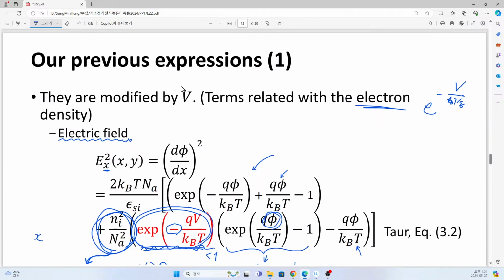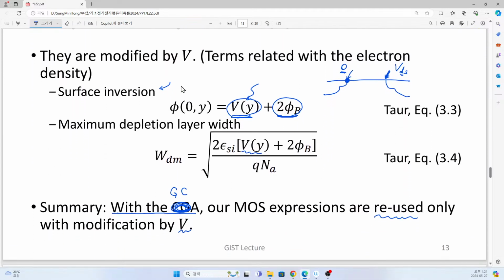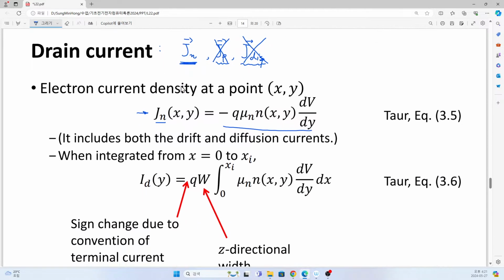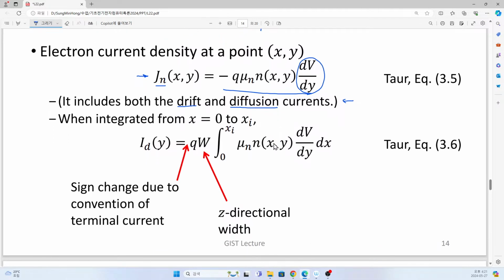So instead of x and y directional variation, we can only consider the y directional variation. That is quite reasonable. And please note that this expression already contains both drift current and diffusion current in it.